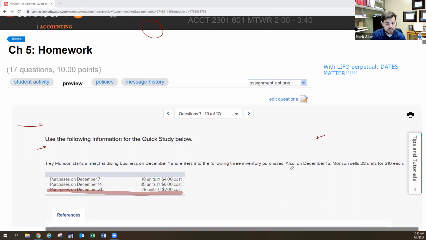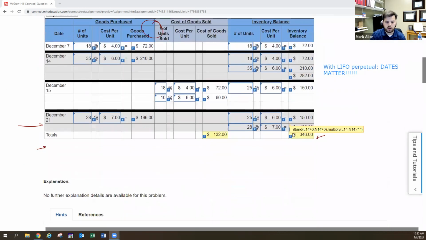Does that make sense? If I am doing this perpetual, what that tells me is that every time an inventory change happens, I'm updating immediately, which means I know which units I have in my possession and which ones I do not. So on the 15th, these units from the 21st, I didn't have. They did not exist in my inventory. Therefore, they could not be sold. Very good. So we'll go ahead and pop on down.